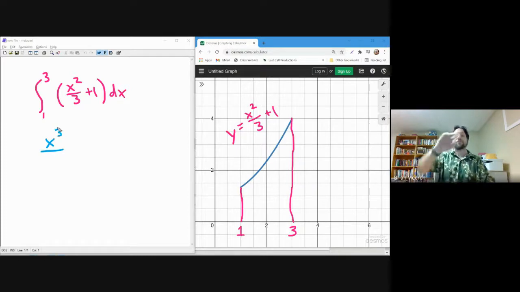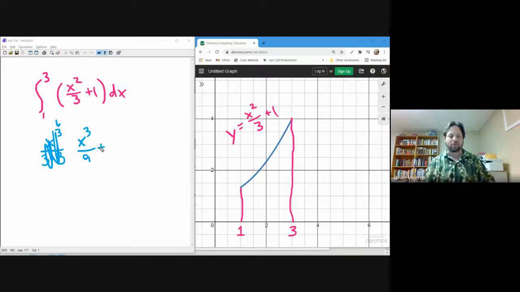And then I'm going to divide it by a 3. Well, folks, there's already a 3 down there, so that's fine. There's the 3 that was already down there. And now I'm going to put another 3 because of that exponent. All right, so, well, we can clean that up a little bit. Let's just call it x cubed over 9. And then once again, what function has a derivative of just 1?